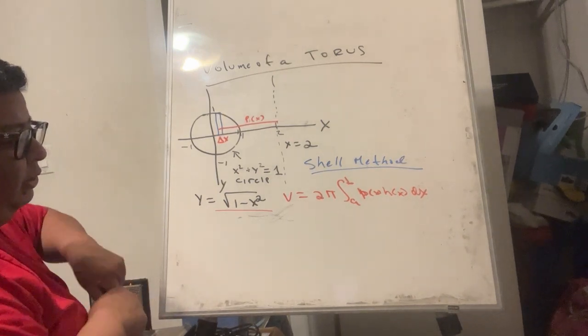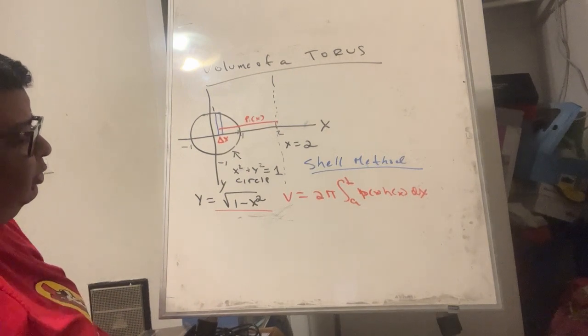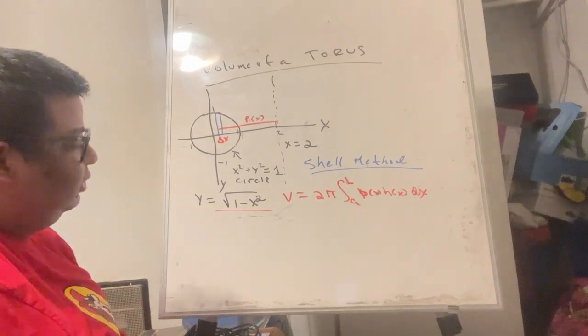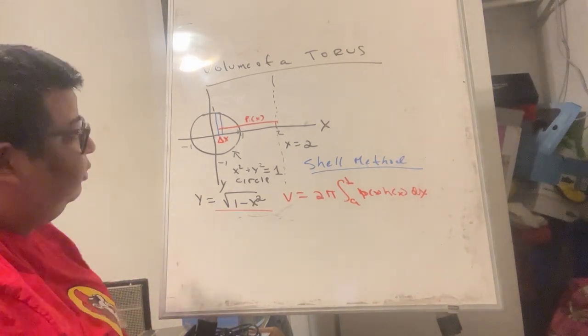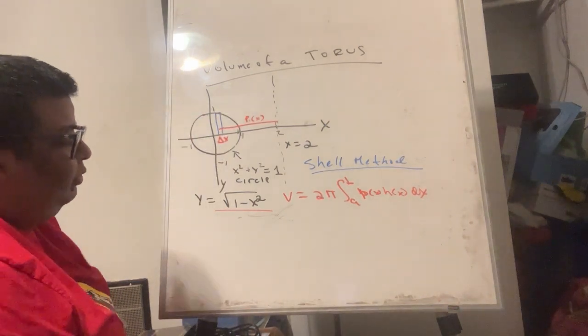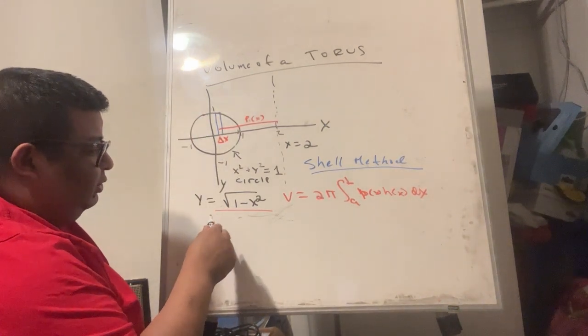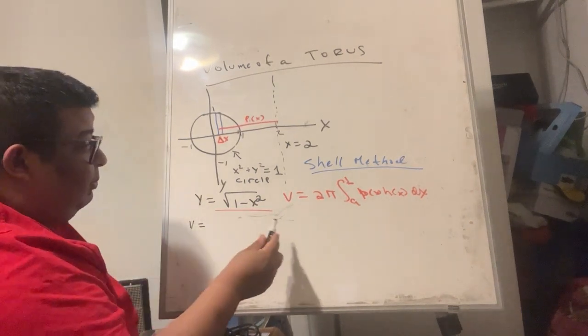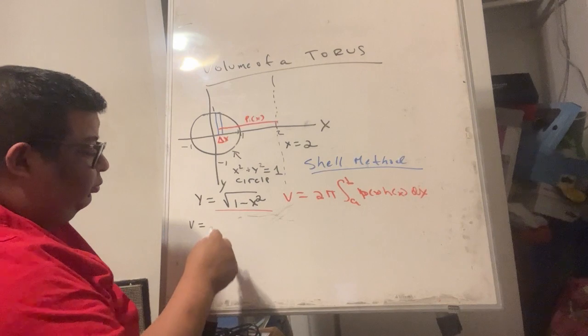So the way we do it, remember that when we solve for y equals square root of 1 minus x squared, we're only solving for half of the circle, the upper part. So that means that our value has to be multiplied by 2 to get the whole thing.